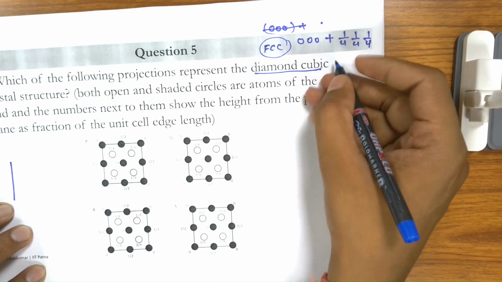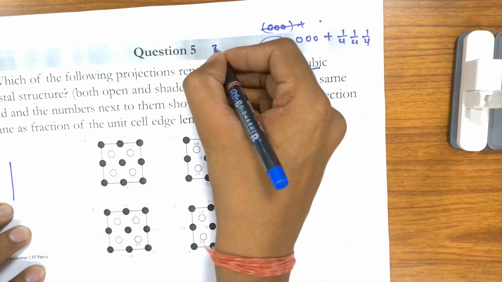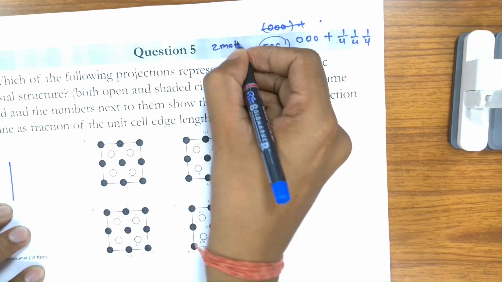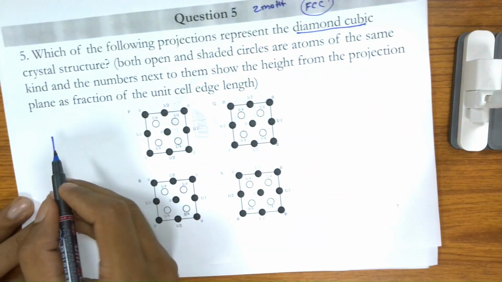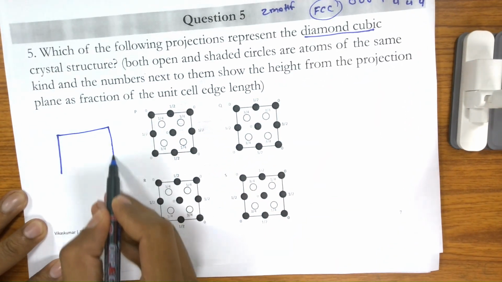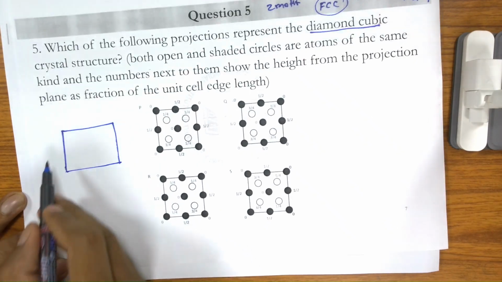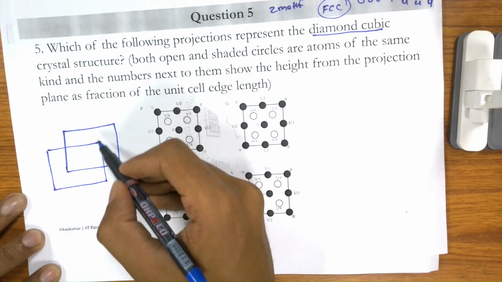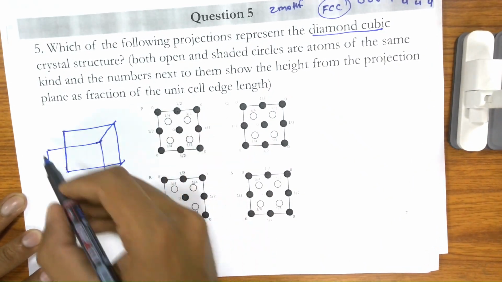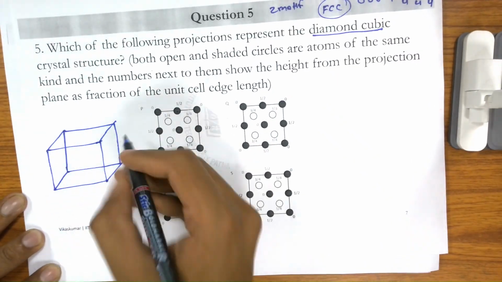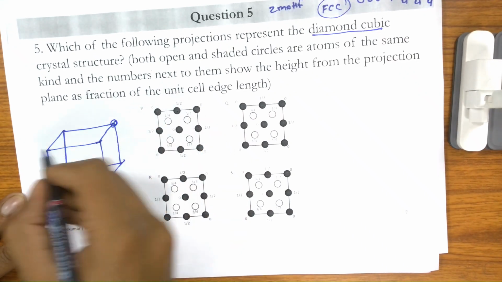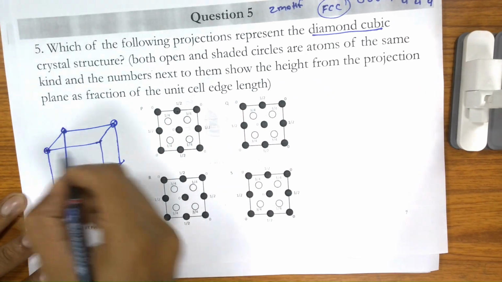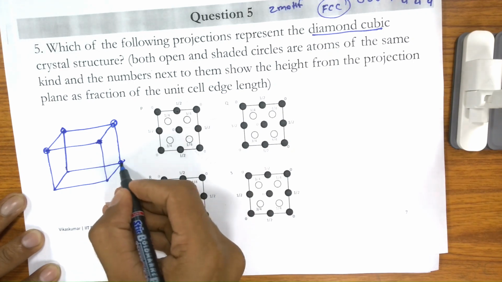So it consists of the FCC lattice with the two-atom motif. So if I draw one cube, here I can place my atoms, FCC atoms, carbon atoms again.